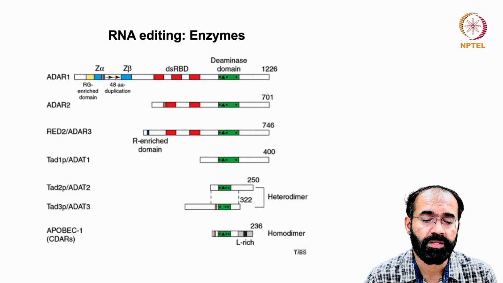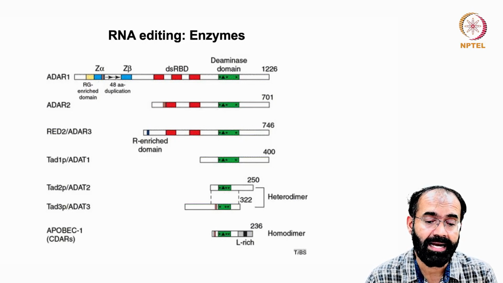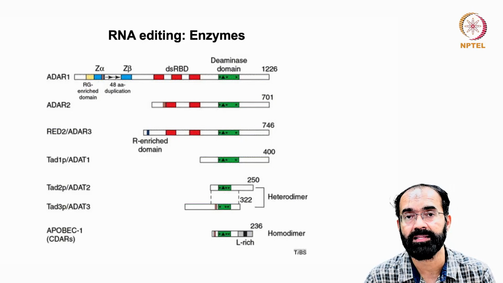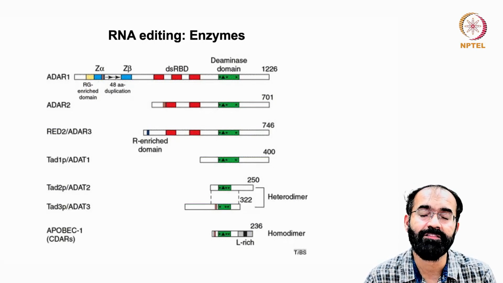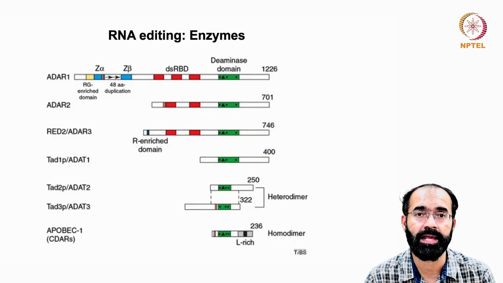All of them invariably have an RNA binding domain, and the deaminase domain is common, and some of them don't have the RNA binding domain, but they will take the help of another collaborating protein which will have the RNA binding domain. Not every protein needs to have it in its own way, like you buy rice from the market, you need not be a farmer, or you buy milk from the shop, you are not a farmer, right?